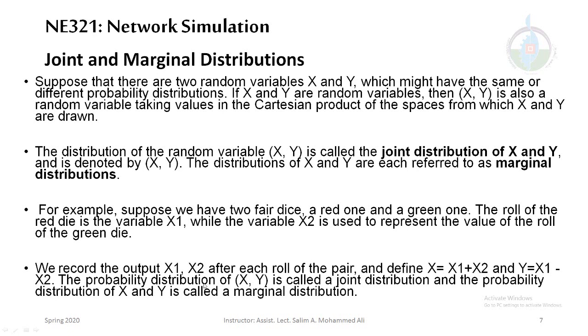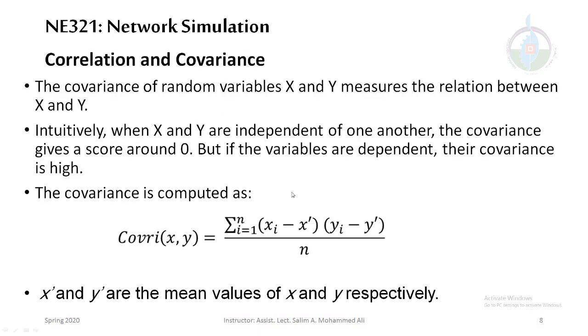The probability distribution of x1 and x2 is called a joint distribution, and the probability distribution of x and y is called marginal distribution. I think this is easy to understand. It's better to see an example to be more explainable.